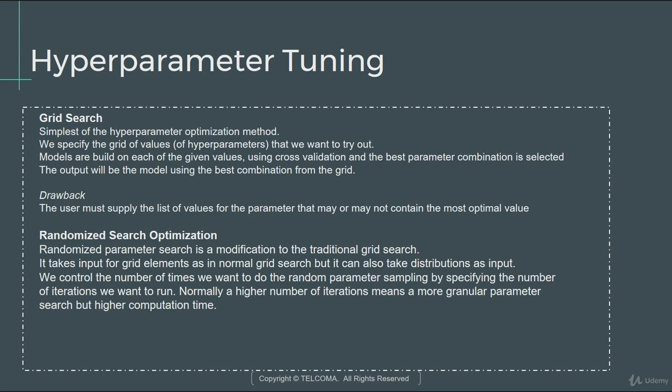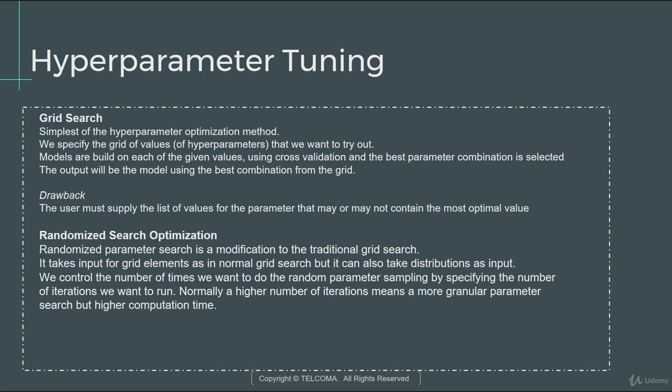Now it will create a model for each of these values of the hyperparameter, and then it will return the model which has the best accuracy for that respective hyperparameter. The best accuracy will be measured using the same defined terms. Let's say you're talking about logistic regression. You could define overall accuracy as your metric, and it will choose the best value of that particular hyperparameter for that specific use case. So that's grid search.